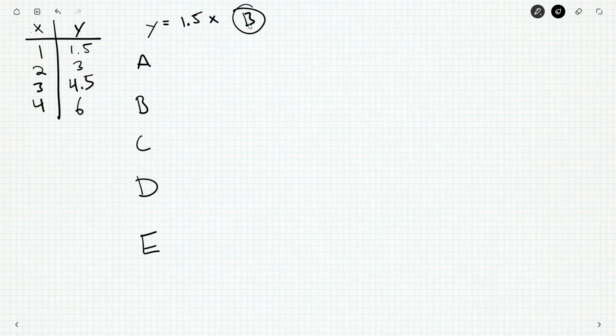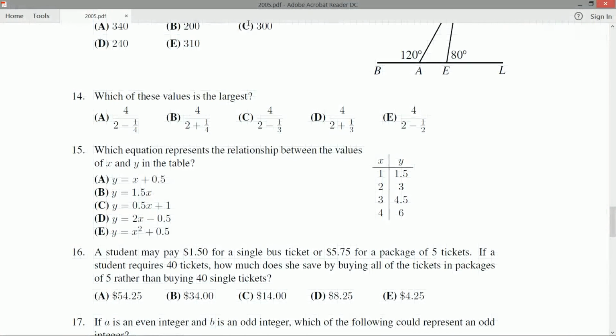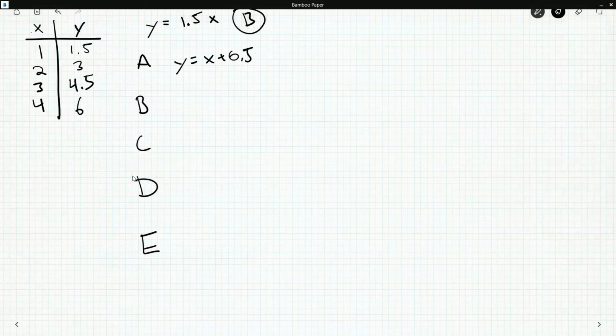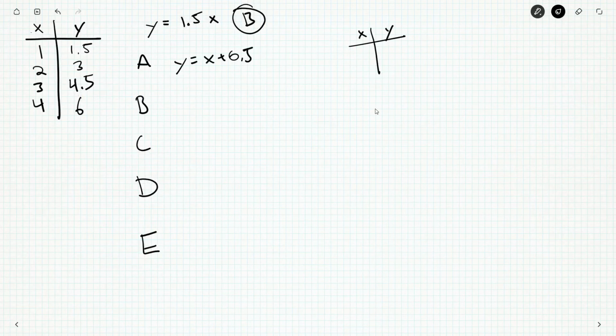So A was y equals, I think, x plus 0.5. Okay, so what I'm going to do is I'm just going to take these same x values, create a brand new chart based on A, and if it fails at any point, well, then I know A isn't the right one. So for 1, 2, 3, 4, 1 plus 0.5, hey, that's 1.5. We're off to a great start.